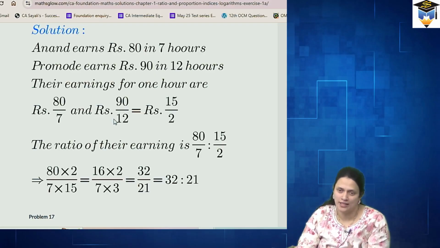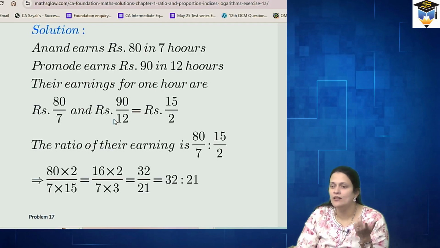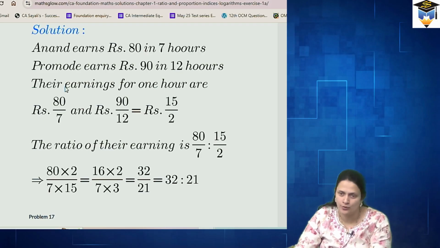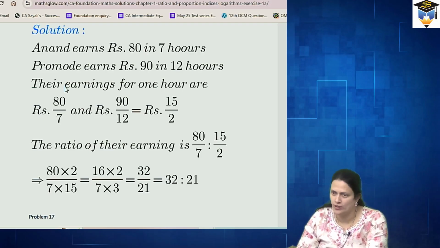Per hour, we found out in decimals, they have found out in fractions. If you see over here, 80 upon 7 is not converted to 15:2 lowest form. But what is 90 upon 12? Tell me the lowest form of 90 upon 12.